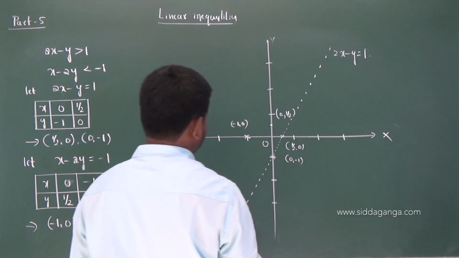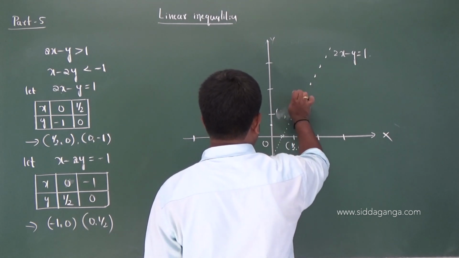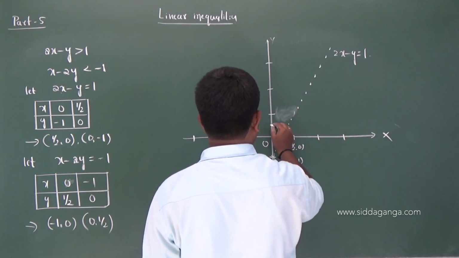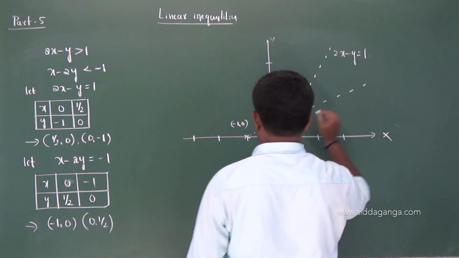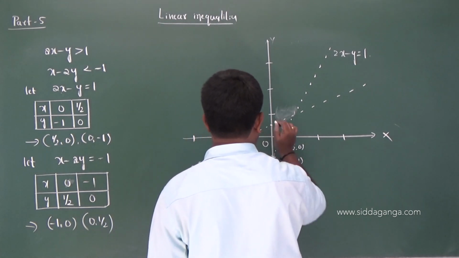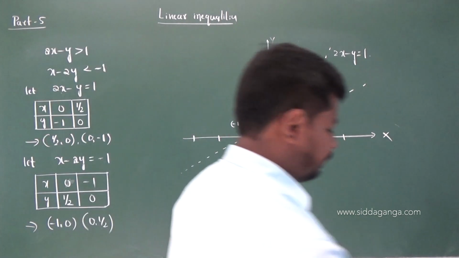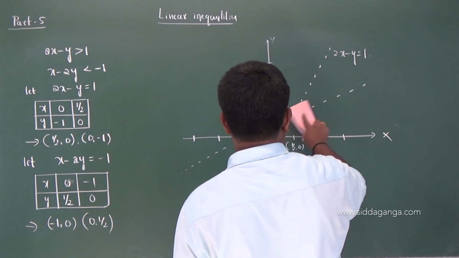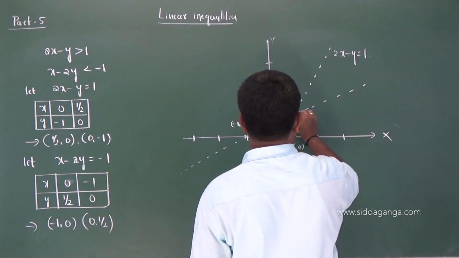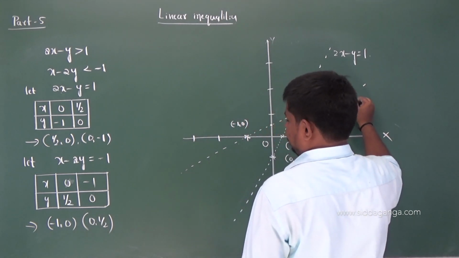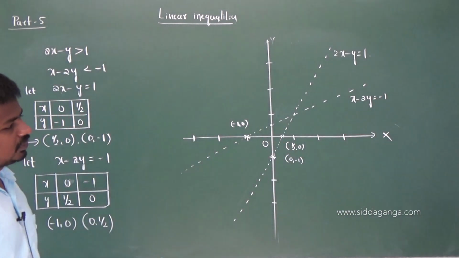So this is your line, x minus 2y is minus 1, right?